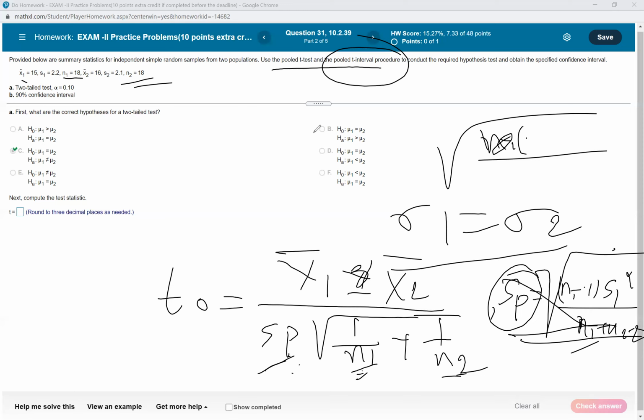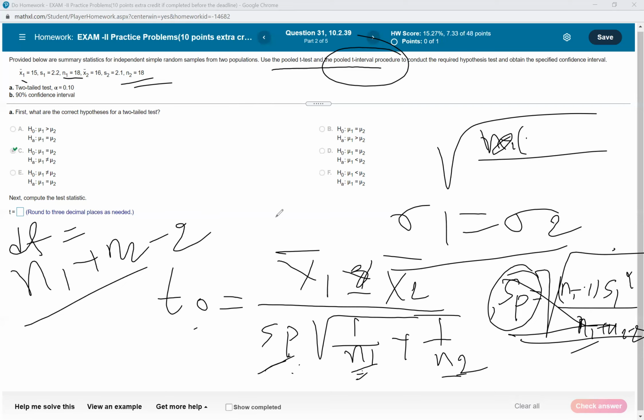After that, you can find the critical value, and the degrees of freedom here will be n1 plus n2 minus 2. So you have the test statistic and the degrees of freedom, so you can find the p-value, or you have the alpha value and the degrees of freedom.